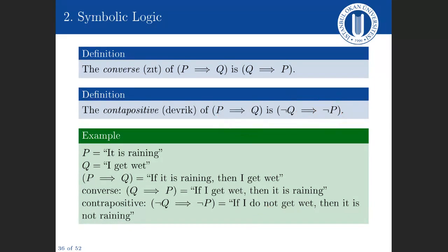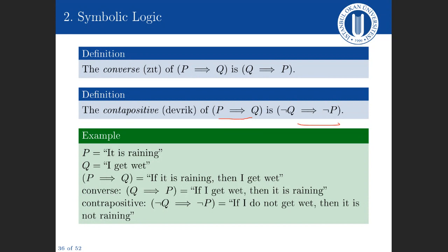As we see later on, P implies Q is the same as not Q implies not P. We saw this in identity 22, I think it was.